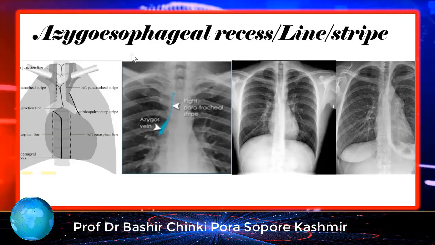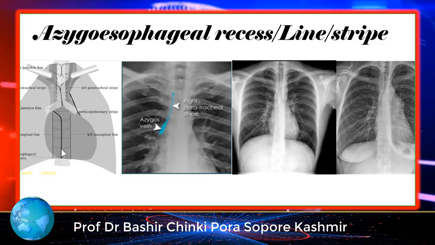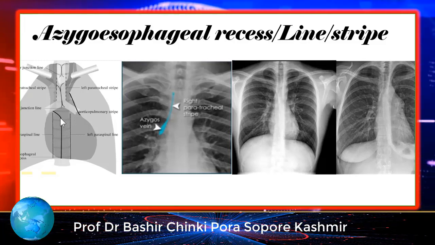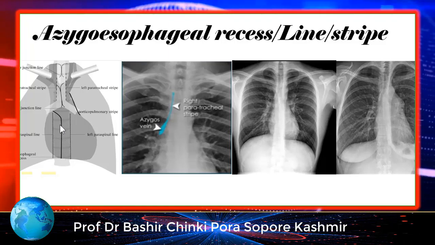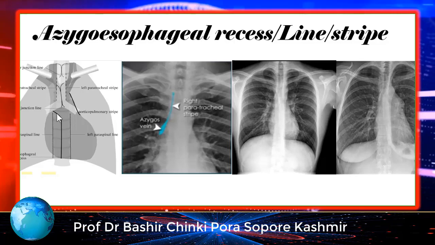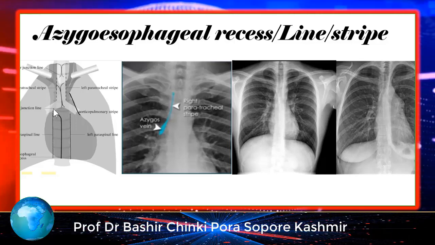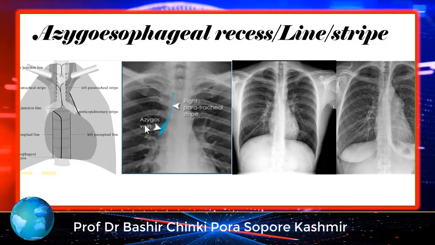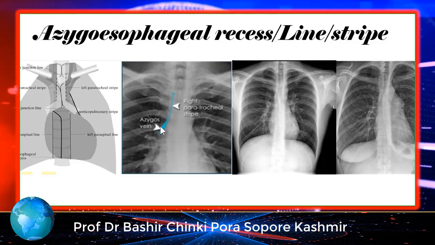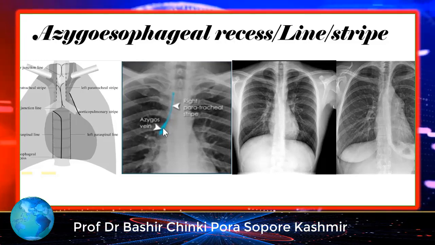Now let me again explain it here. This is the azygos esophageal line which runs over and in front of vertebral column. The superior part of it is slightly oblique, extending from the azygos vein arch. So it is shown here. This is the azygos vein here, azygos vein arch.